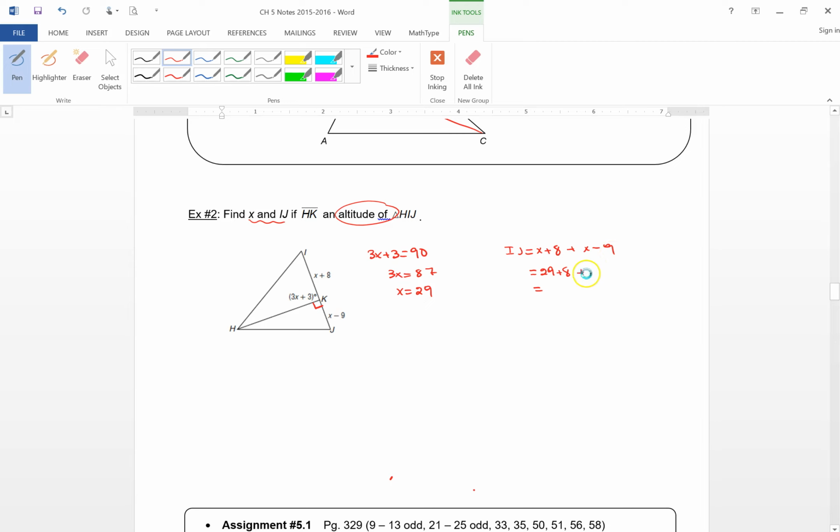So plus 28 minus 29 minus 9. Actually, I want to do it more elegantly. I don't like that. Yes, elegance is all that matters. So what is this? This is 2x minus 1. So this is 2 times 29 minus 1, which is 57.